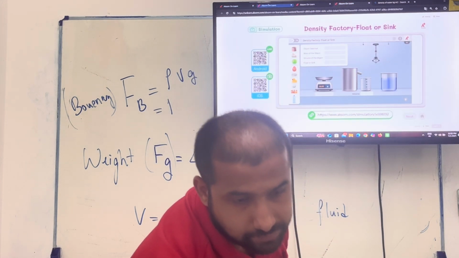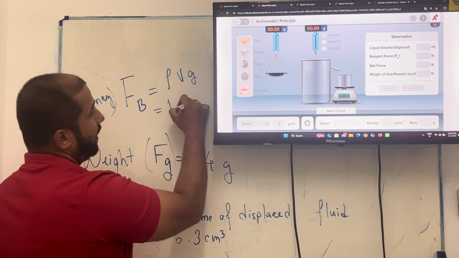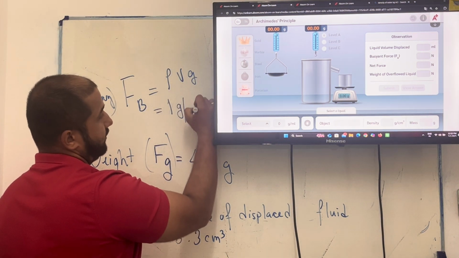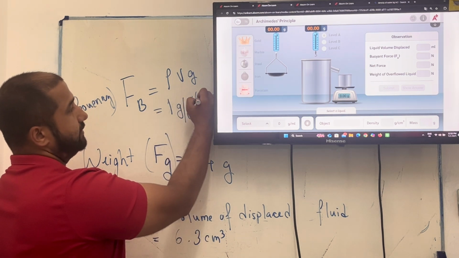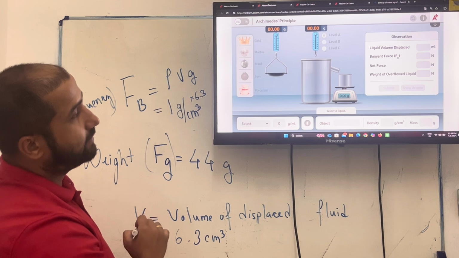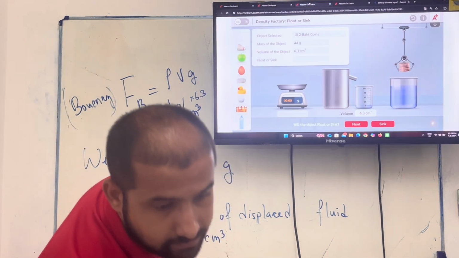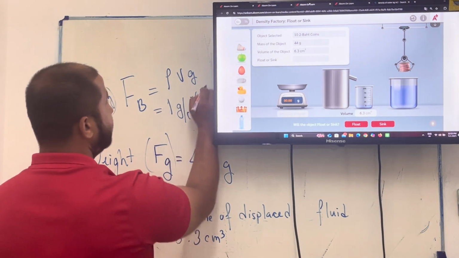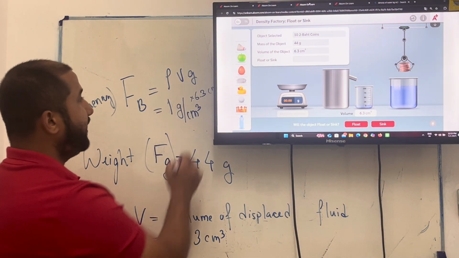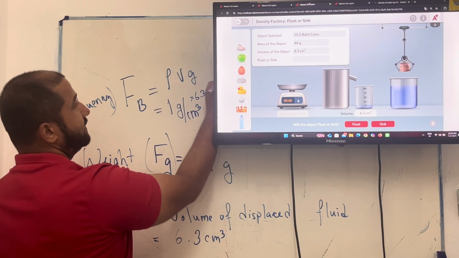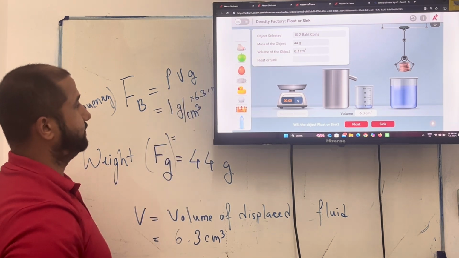So, density of water 1 gram per centimeter cube. Volume of displaced fluid 6.3 centimeter cube. Gravity we will consider as 10. So what do we get?